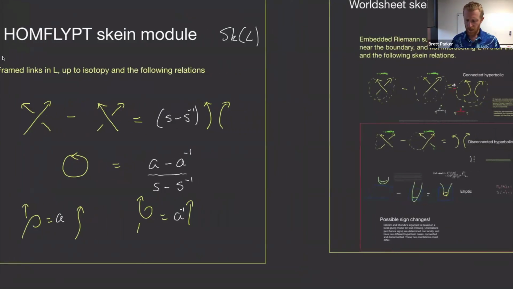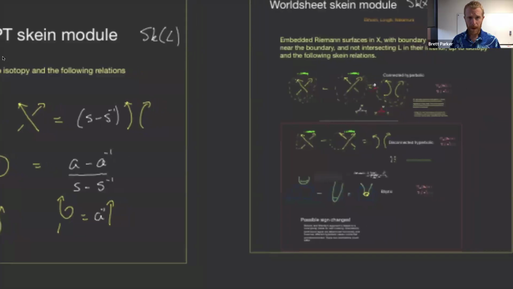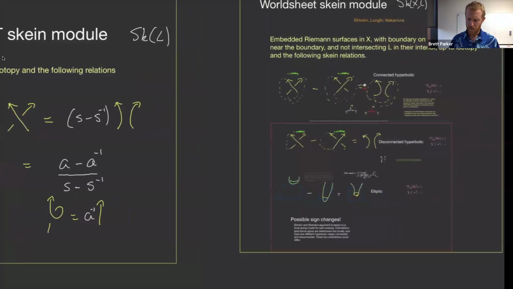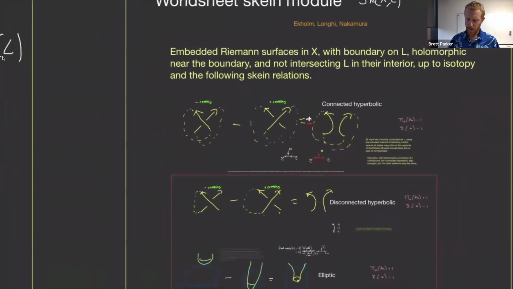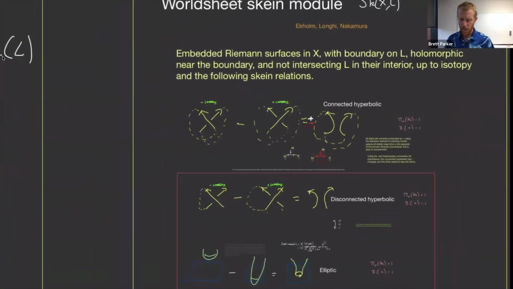The worldsheet Skein module is a bit like this. It is isotopy classes of embedded Riemann surfaces in the ambient manifold X with boundary on the Lagrangian L, which are holomorphic near the boundary and which also don't intersect L in their interior.